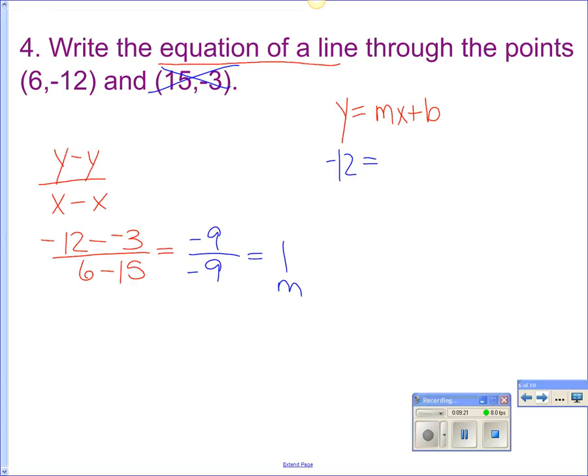What do we get? 1. And Haley, what goes in for X? 6. For X. Use your point. Plus B. Make sure y'all are still writing. I see some people who have stopped writing. Should be writing stuff down.